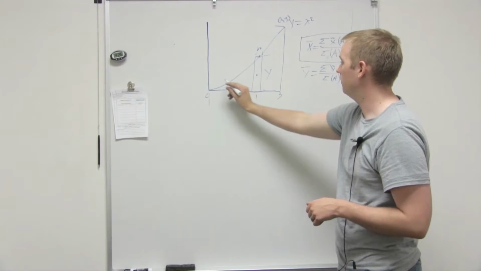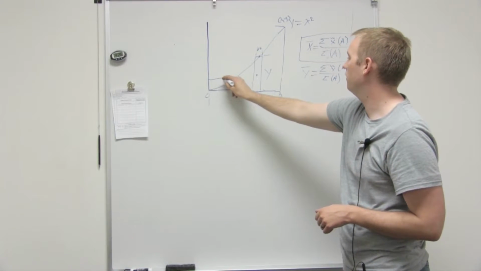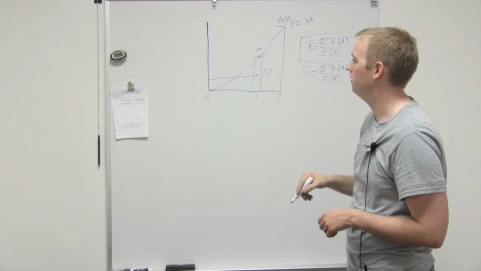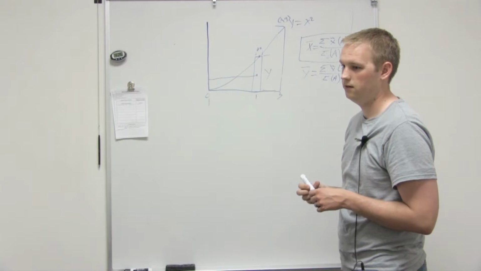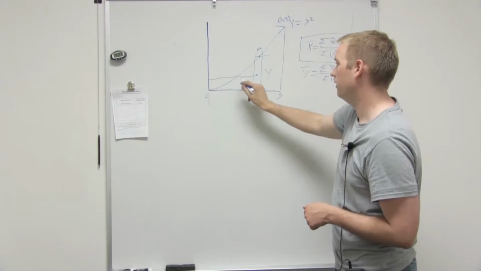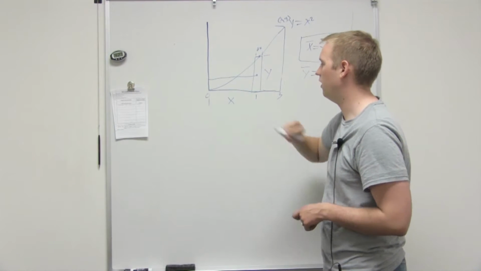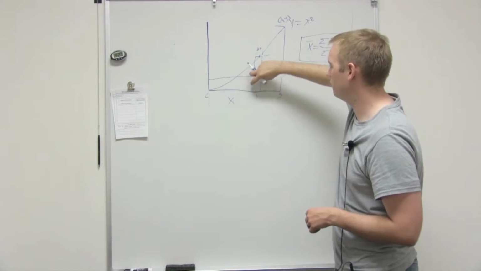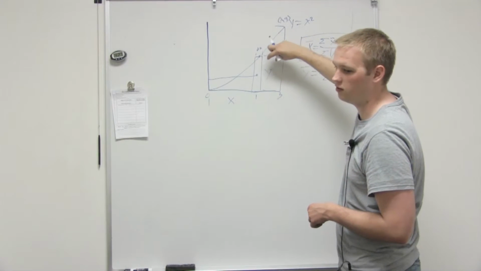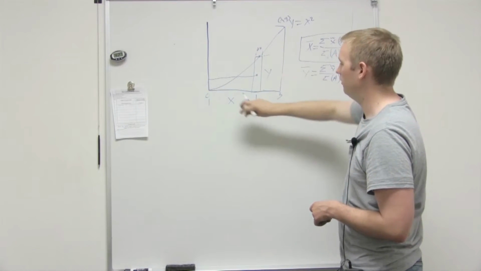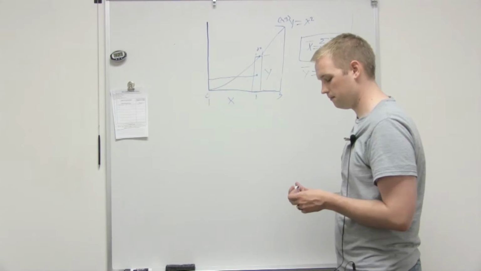If I start here and travel this way, I hit it right there. The exact distance doesn't matter, so we just say it's x, because your elements are always changing where they are. So x gets you to the midpoint.